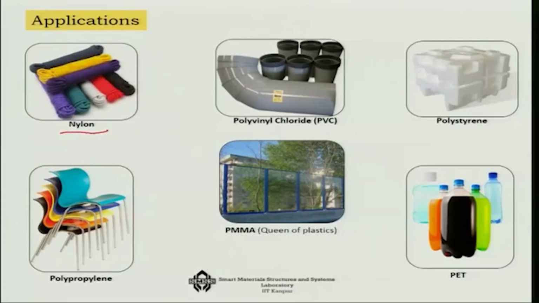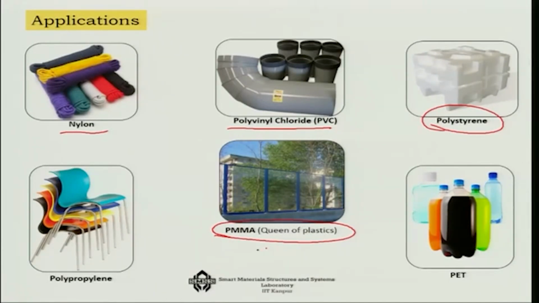Now let us look at the thermoset polymers. Okay, before we do that, what are the typical applications? Suppose nylon: you know about nylon wares, and you also know that nylon wares creep, and the creeping happens because of the thermoplastic nature. Then PVCs, polystyrene, which is used where there are more complex shapes. PMMA is also called acrylics by some people.